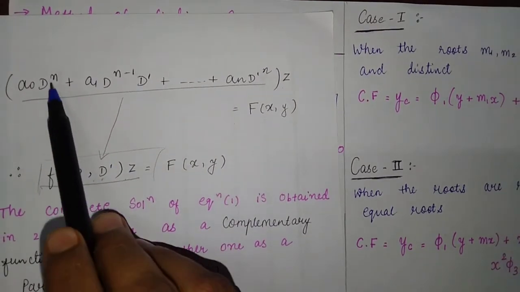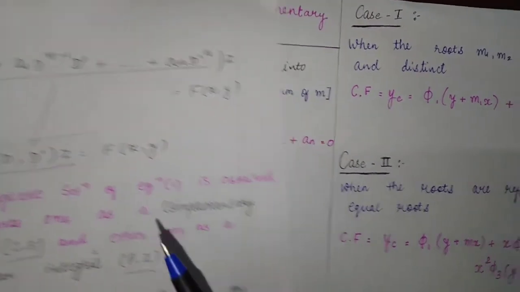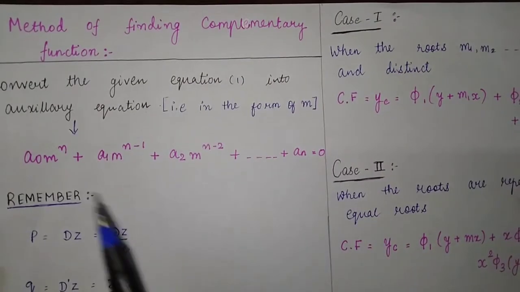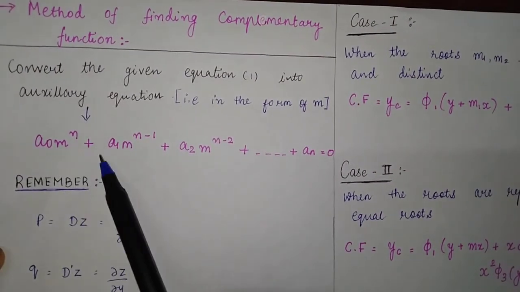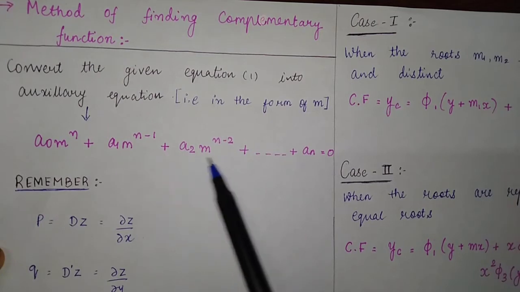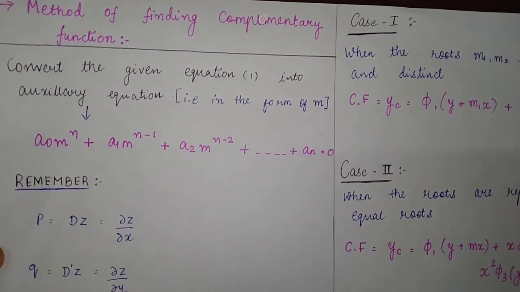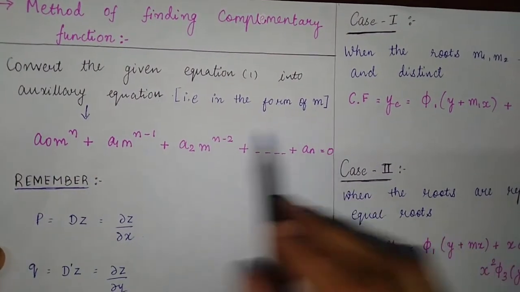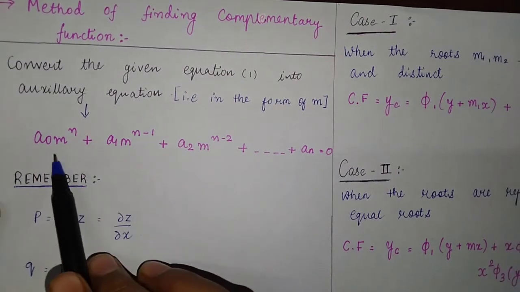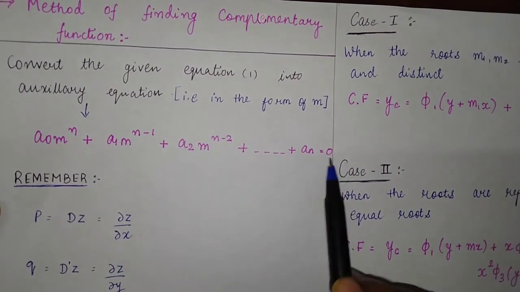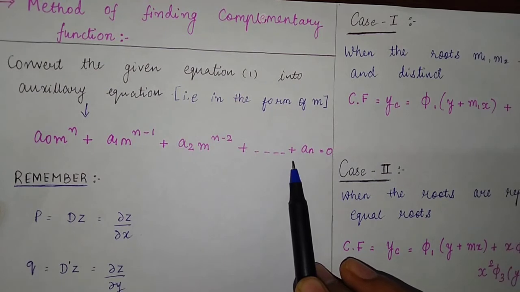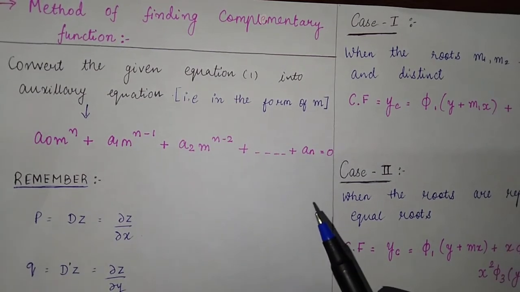That is, in the place of D you have to put m. Okay. So we get a0 m raised to n plus a1 m raised to n minus 1 and so on. And you have to put that equation equal to 0 and then find the values of m. Okay, that is your first step.